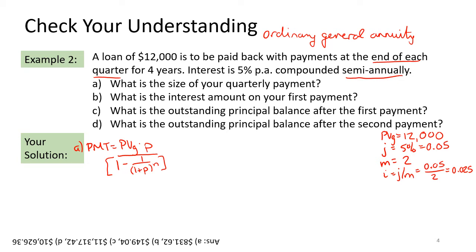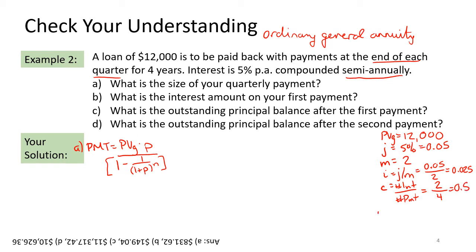Next, because it's a general annuity, the calculation of the ratio C, it's the number of interest compounding periods divided by payment periods. In this case, interest is semi-annual, but payments are quarterly. So 2 divided by 4 gives us a ratio of 0.5.